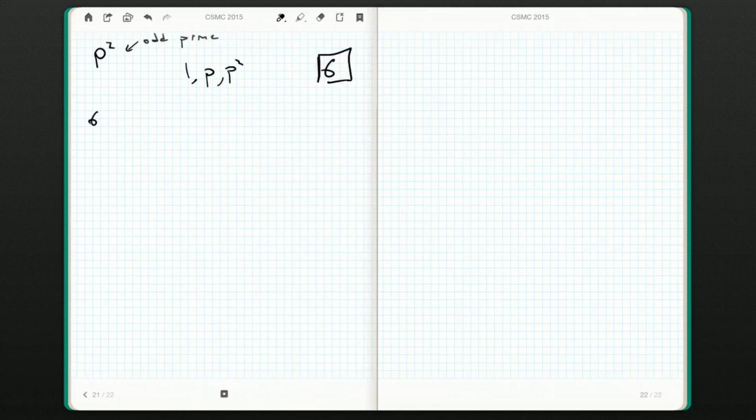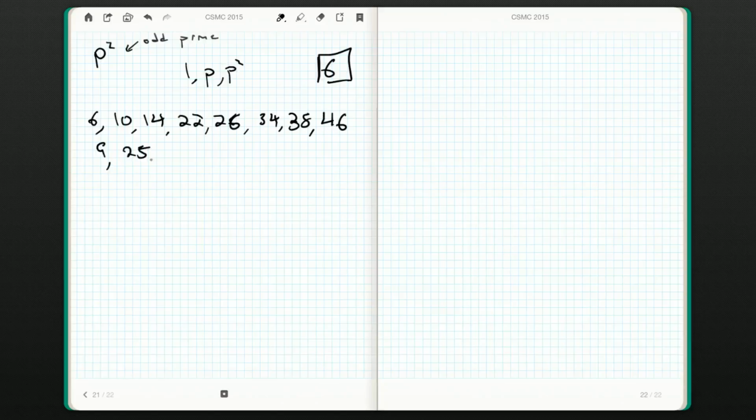So 2 times 3, 2 times 5, 2 times 7, 2 times 11, 2 times 13, 2 times 17, 2 times 19, 2 times 23. Those are all the 2p ones. And then 9 and 25. Those are all the odd primes squared. So now we don't need to look at these ones anymore. And we don't need to look at odd primes. So we've got 15. I think that'll be too many.